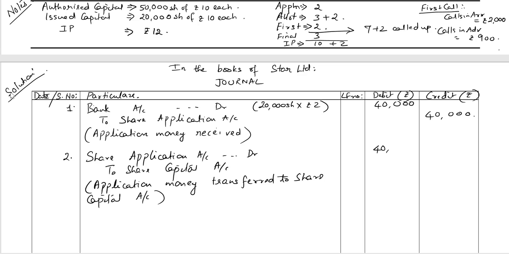Amount is the amount of the first journal entry, 40,000 rupees.